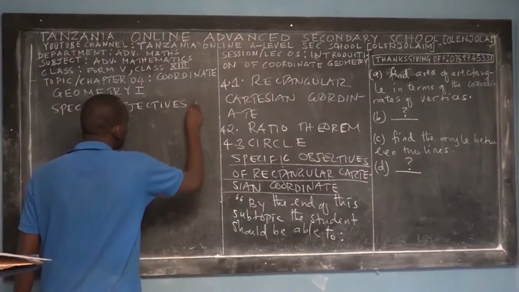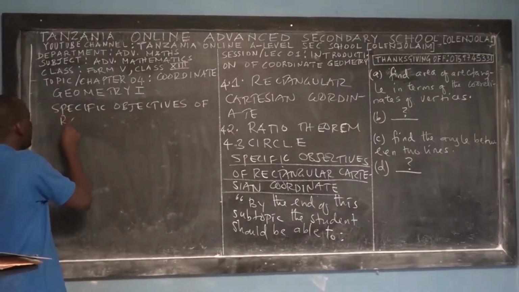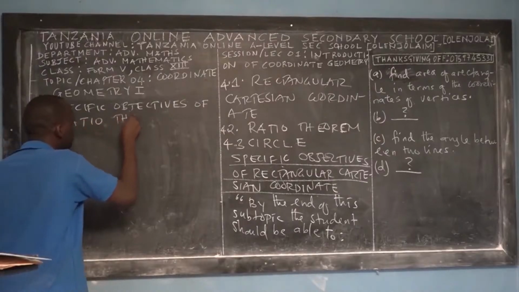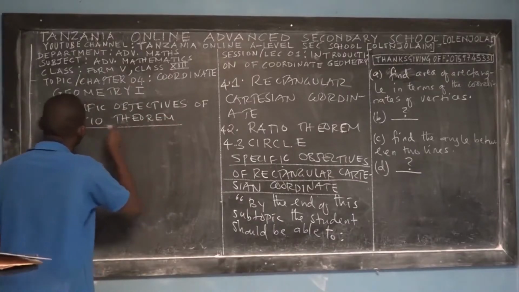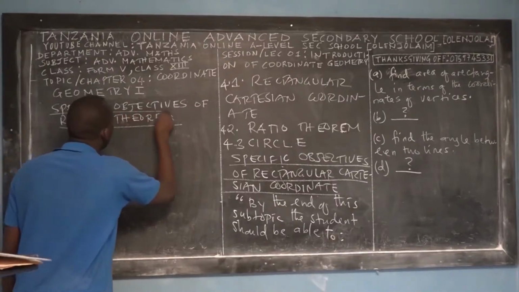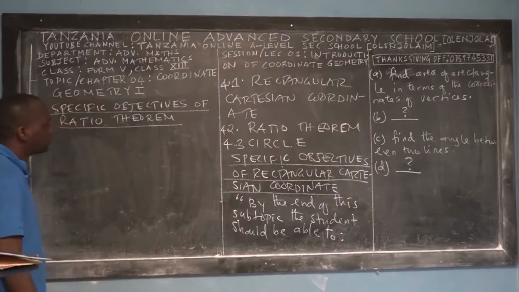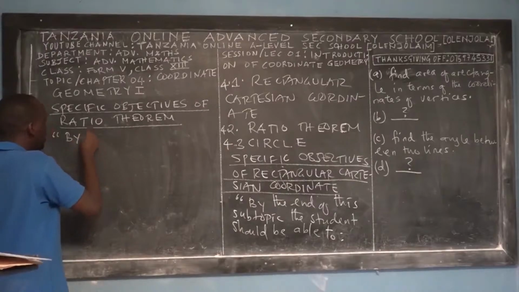Now the specific objectives of the second subtopic, that is ratio. What are the specific objectives that the student has to achieve when covering the concepts of ratio theory? I'm presenting them according to the syllabus.